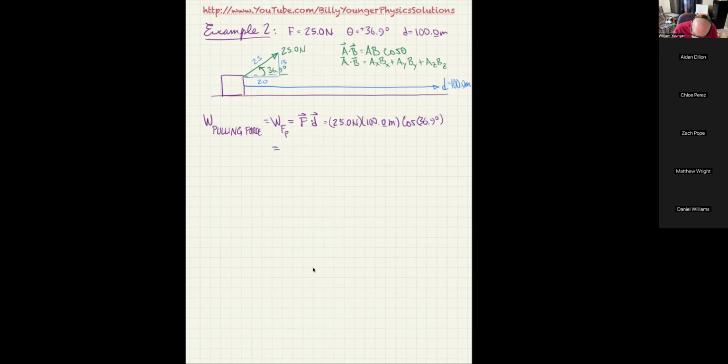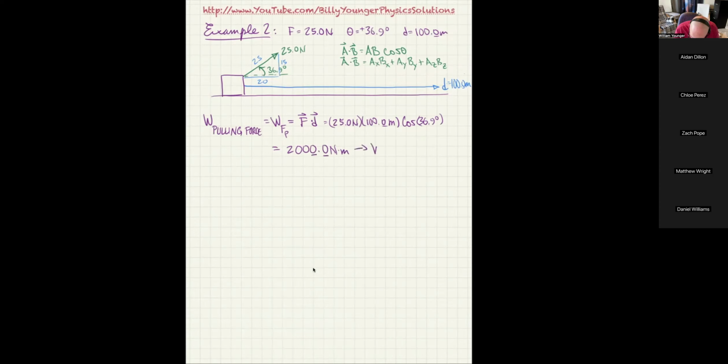So 25.0 newtons times the cosine of 36.9 gives us very, very close to 20. 20 times 100 is 2,000. And that comes out in newton meters. Notice I only had 3 sig figs for everything, so this 0 and this 0 are not sig figs.